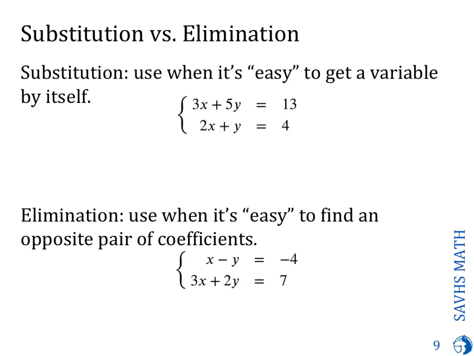I have my slide here on when you would use which strategy. I use the word easy not to say that these problems are easy. I'm saying easy when I mean not a lot of steps.